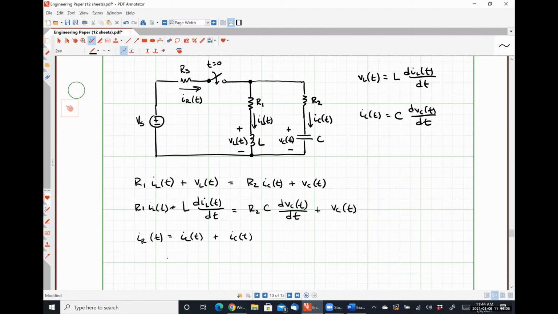Now we've introduced a new variable here, IR. So we need to figure out how to put that in terms of something useful, right?